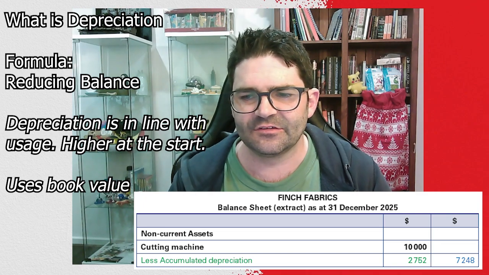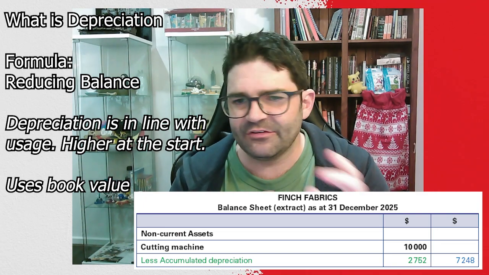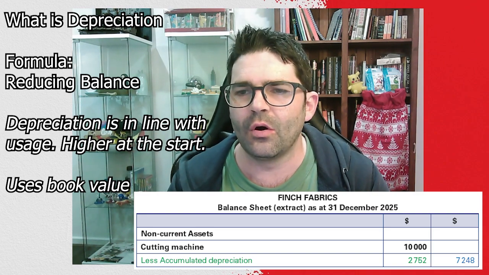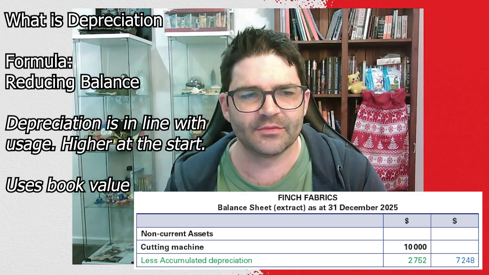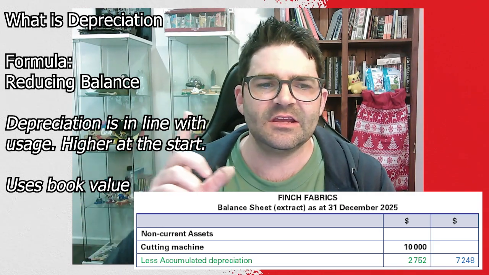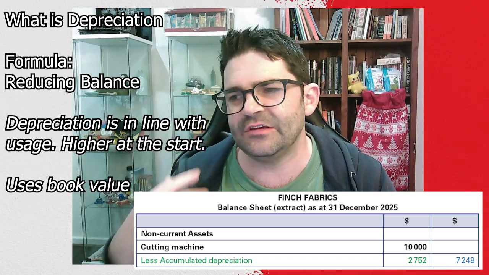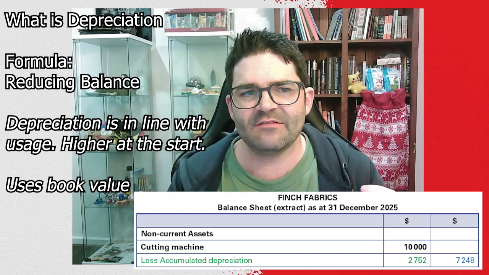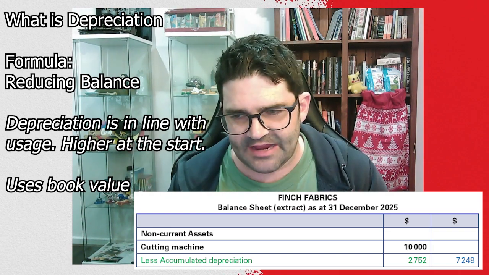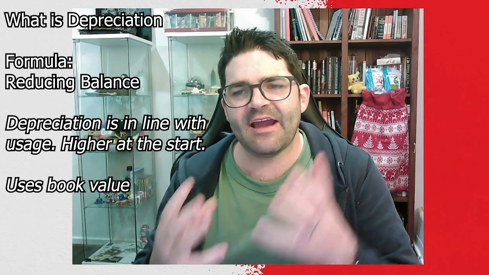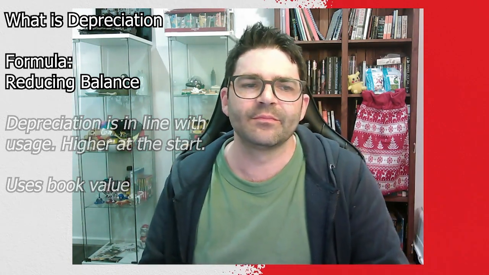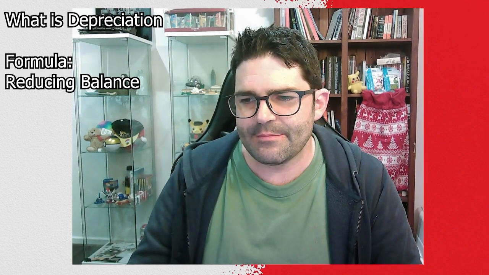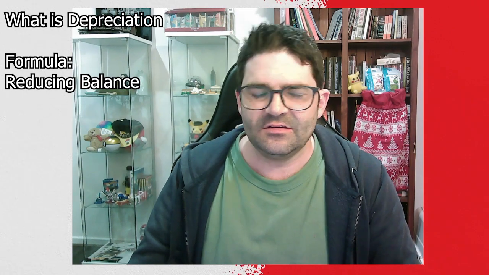That number after deducting the accumulated depreciation is the carrying or book value. So it's not the historical cost, it is the carrying value. The historical cost is what we paid for it. So the idea is if it's 25% reducing balance, we go by the carrying value, and the depreciation is going to be less because our carrying value goes down. We'll do an example. I'll do a bit of a walkthrough of the math behind that in a bit.